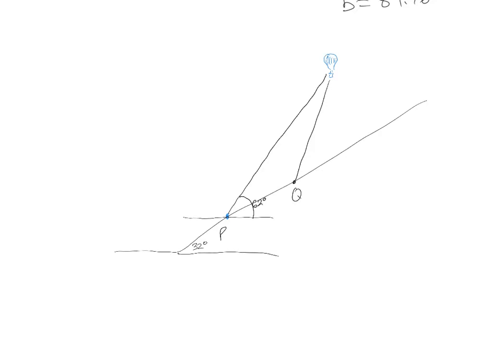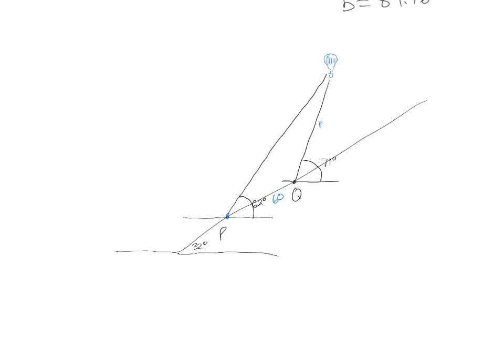At the same instant, the observer at Q measures the angle of elevation to the balloon to be 71 degrees. So this big angle is 71 degrees. If P is 60 meters down the hill from Q, find the distance from Q to the balloon. So we need little p here.